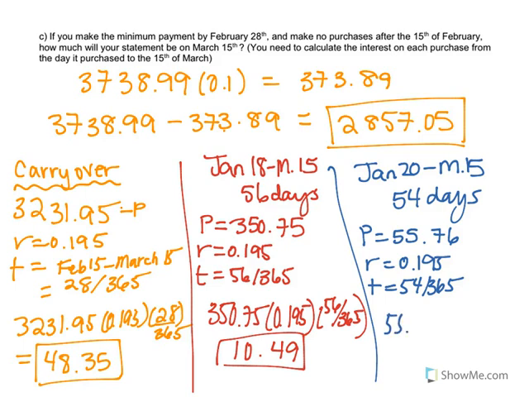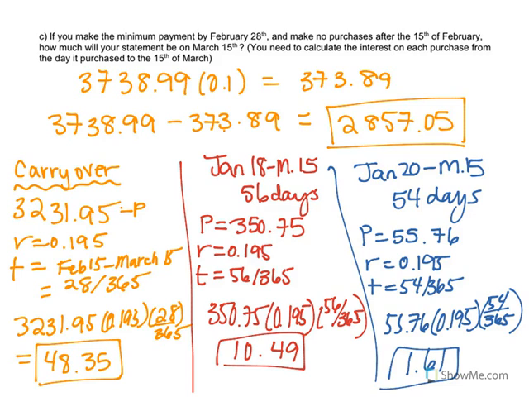So we're going to plug this in, 55.76 times 0.195 times 54 out of 365, and the amount is $1.61. Okay, I'm going to go to the next page because I've run out of room, but I'll write all these numbers down.